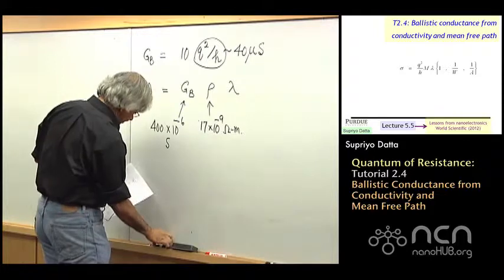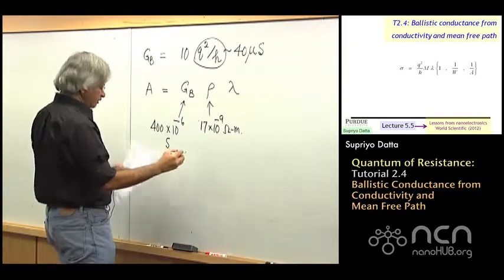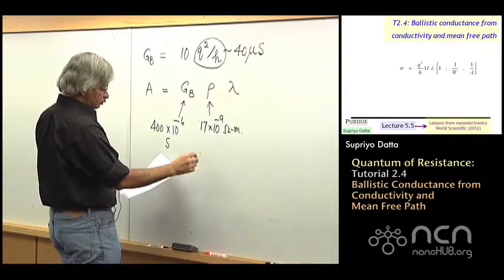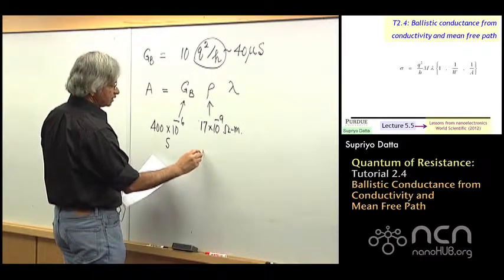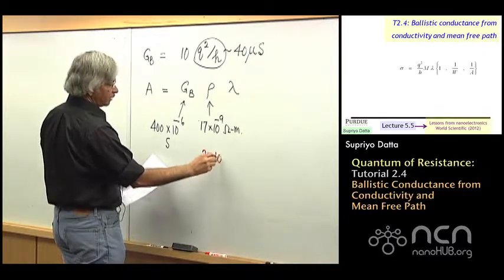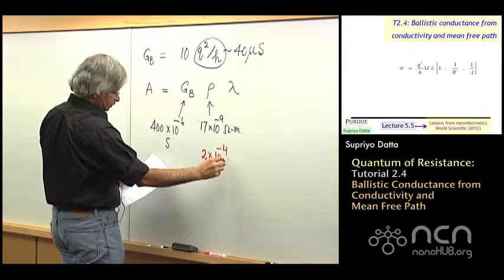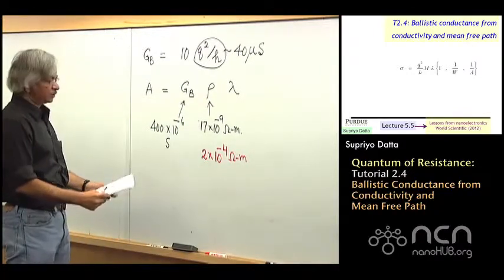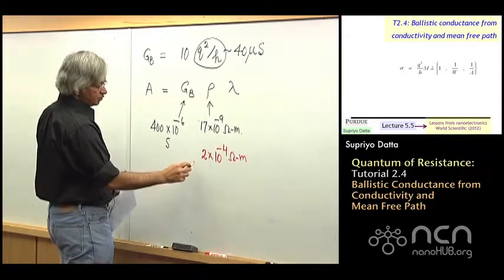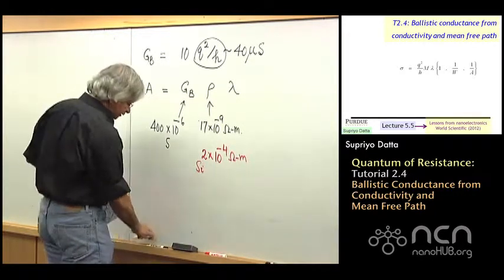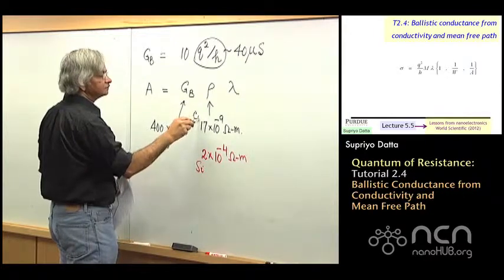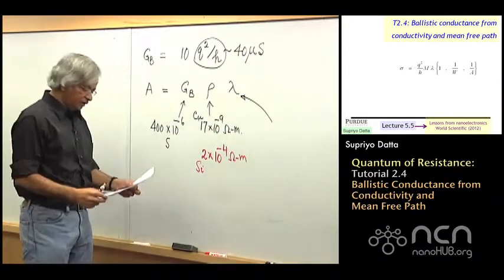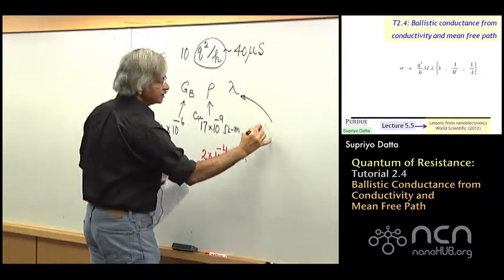The other number is for silicon, which is 200 micro-ohm meters, so it is 2 times 10 to the power minus 4 ohm meters. Those are the two values I asked you to use, this one for silicon and the other one for copper. And for mean free path, again, for copper I had 40 nanometers.